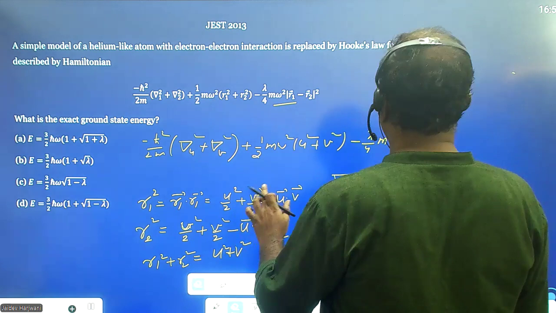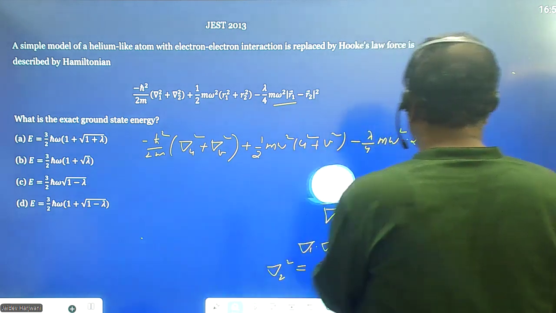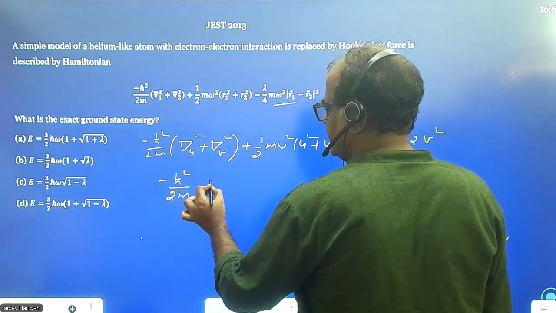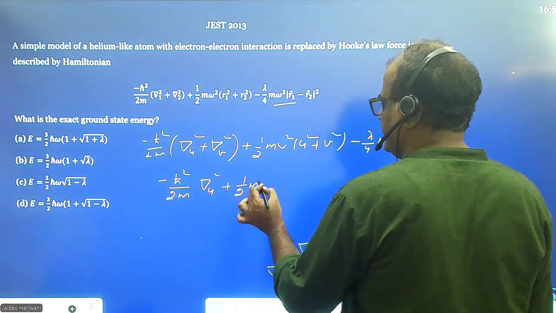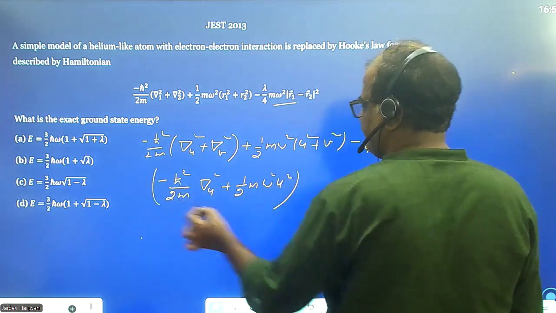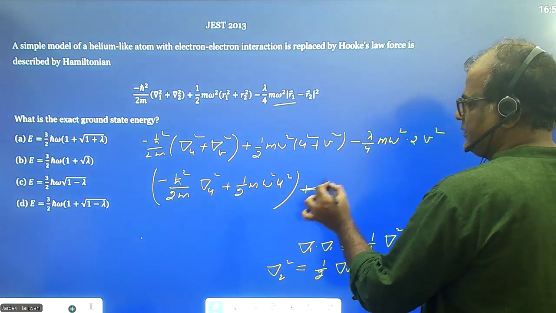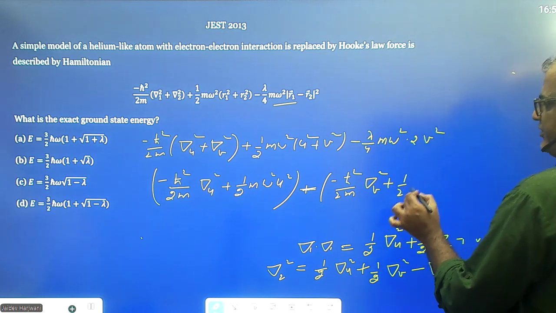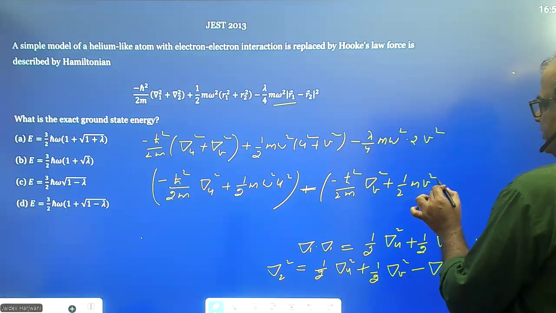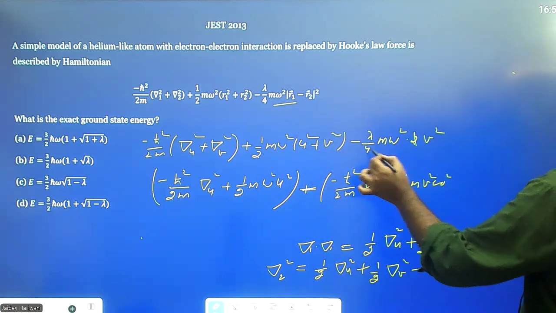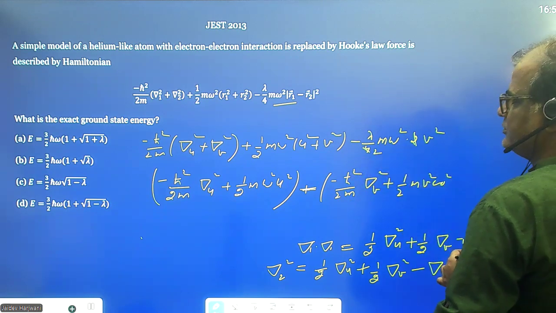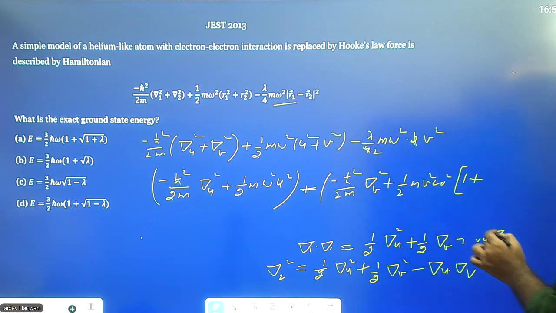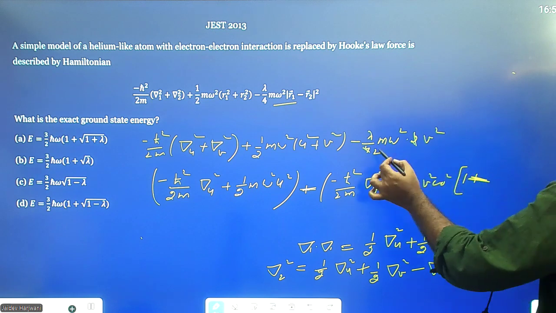Now this equation becomes decoupled. So now I can write this equation as minus h cut square upon 2m del U square plus half m omega square U square, plus minus h cut square upon 2m del V square plus half m omega square V square times 1 minus lambda, after taking V square common.